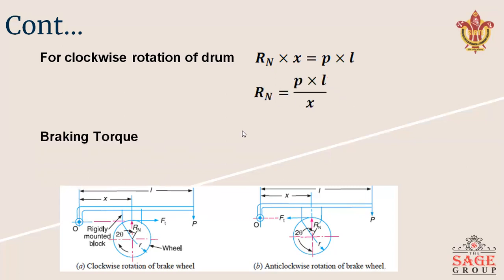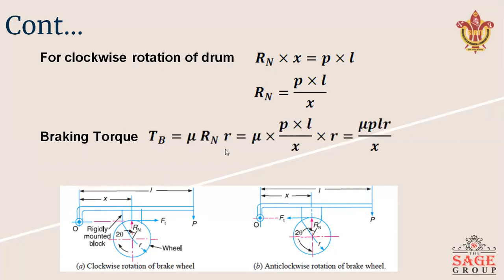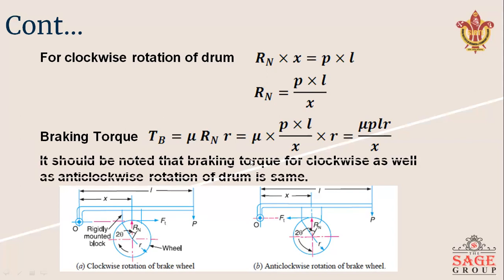So Rn is equal to this, and the braking torque we can calculate by the formula mu Rn into R. For anti-clockwise rotation of the drum, it should be noted that the braking torque is the same as for clockwise rotation of the drum.